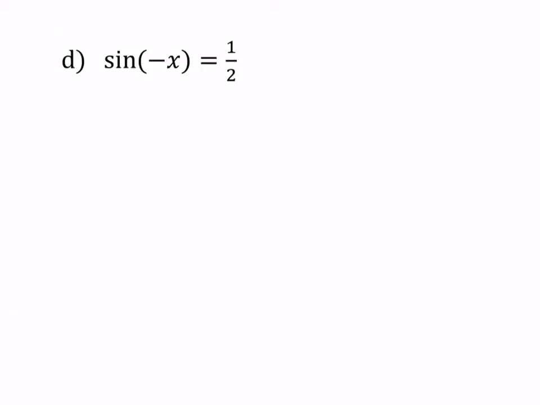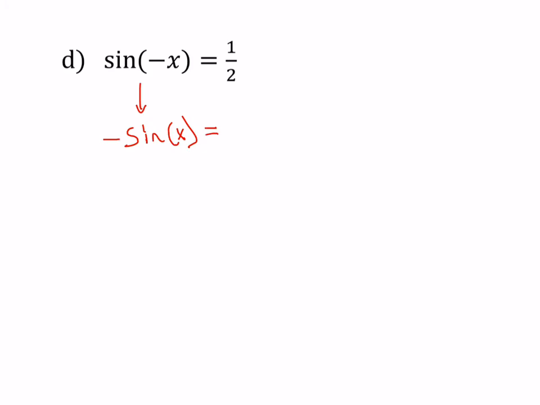Okay, now we're going to use our odd and even function identities. So here we have the sine of negative x equals 1/2. Before we go too far, we'd like that to be a positive x. Well, we know that sine is an odd function, as we mentioned previously. Since it's an odd function, this is equal to negative sine of x.